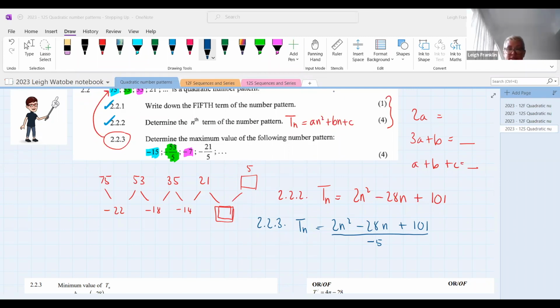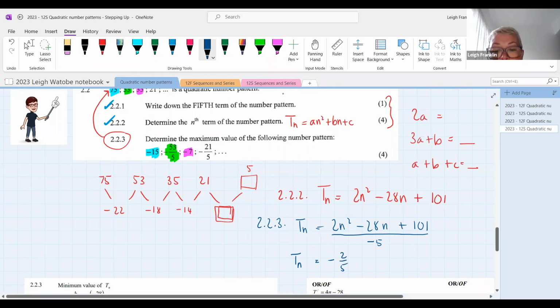Okay, because remember, Tn is your result. It's the value of your term. So each term has been divided by -5 to yield the terms in the new pattern. So now what is our nth term going to be? Our nth term for this new pattern is now -2/5 n squared.